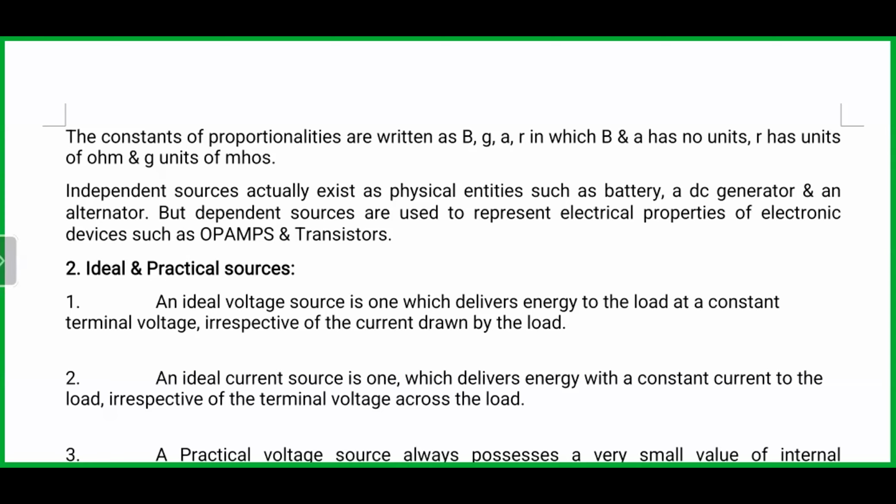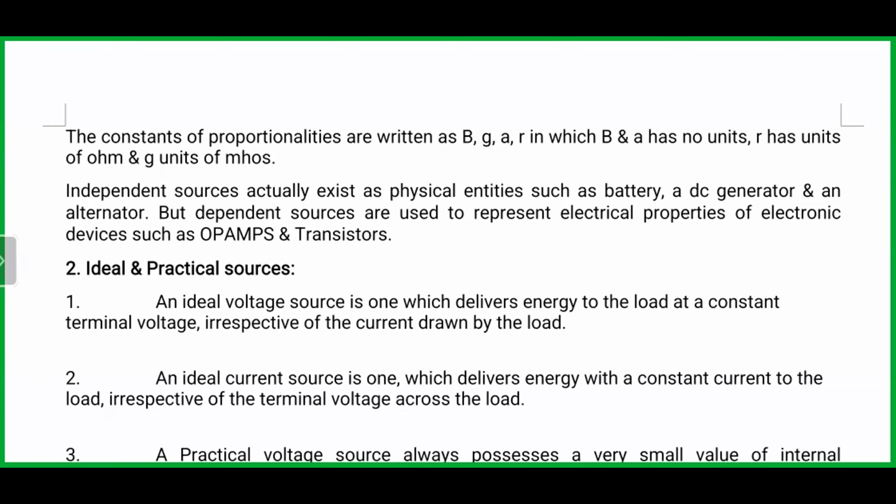Independent sources actually exist as physical entities, such as batteries, a DC generator, or an alternator, but dependent sources are used to represent electrical properties of electronic devices such as operational amplifiers and transistors.